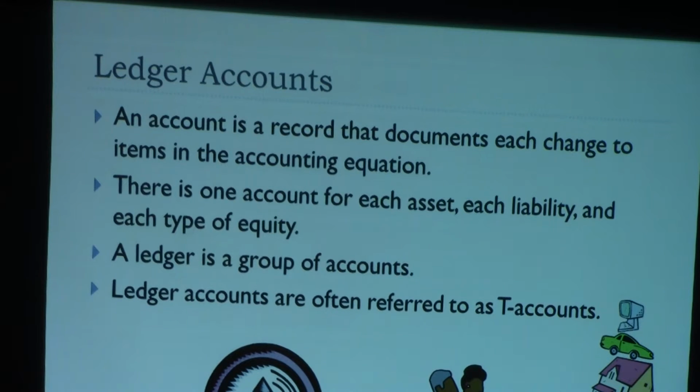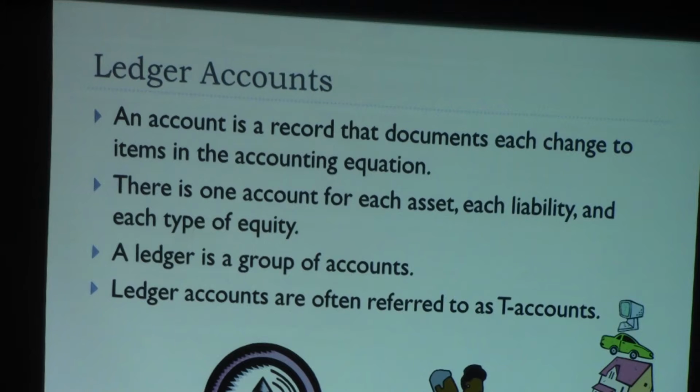Meaning that if you have 3 assets, you should have 3 ledger accounts. If you have 4 liabilities, you should have 4 ledger accounts, and so on. So each ledger account records the changes in that particular type of asset, liability, or equity.